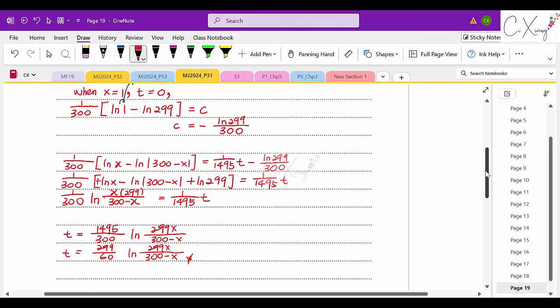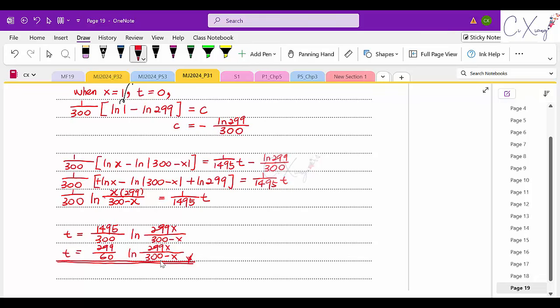So this is the final answer for this question because they are asking you to find t in terms of a single logarithmic function of x. This is the answer that they want us to show.